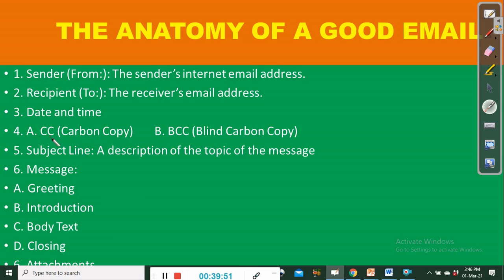This recipient receives the complete information and also gets to know to whom else you have sent a copy of the email. So that's the person you send a carbon copy to, and of course, this is part of the vocabulary of email writing.